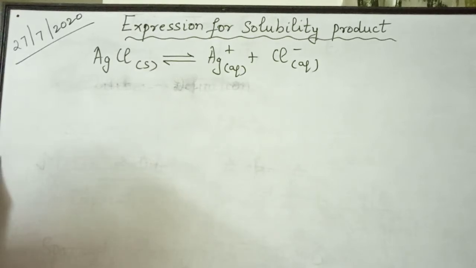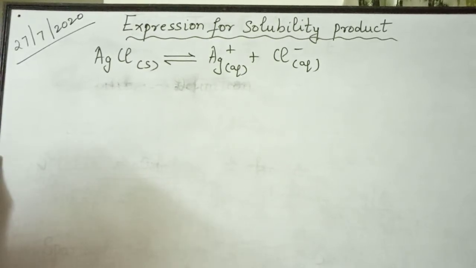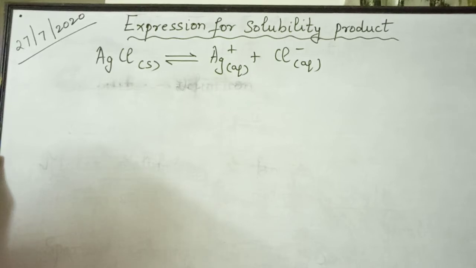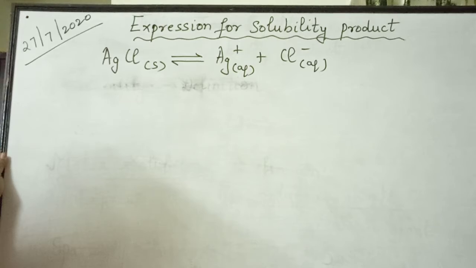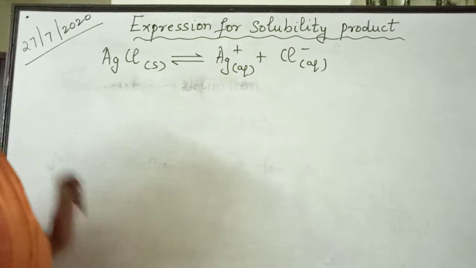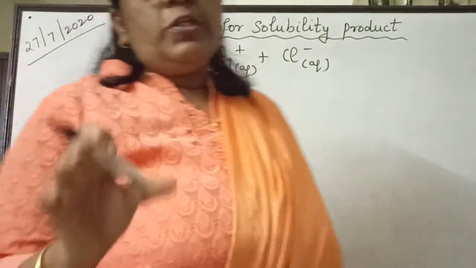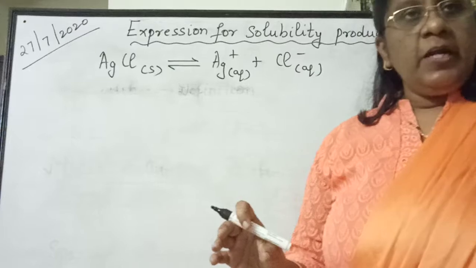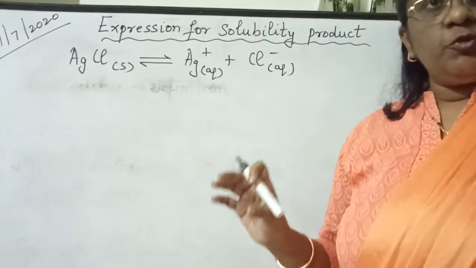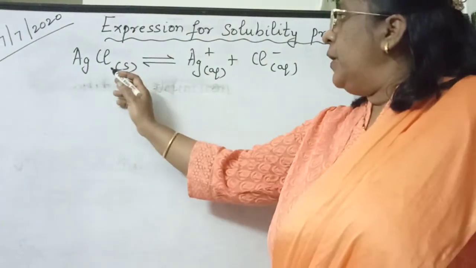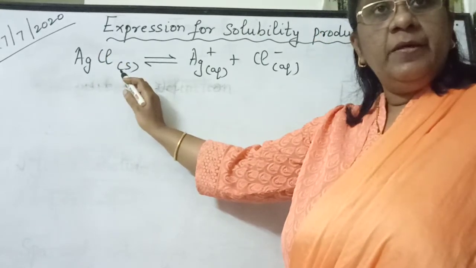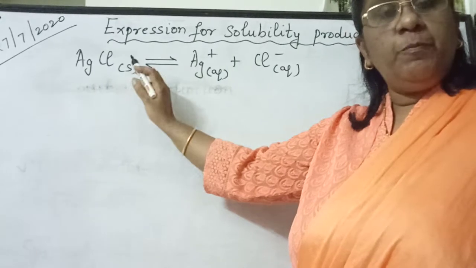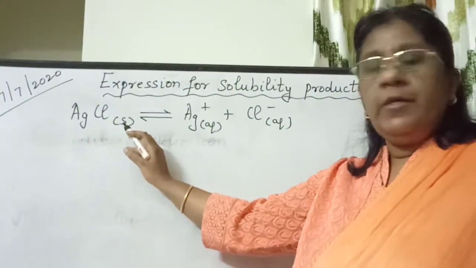That means when we prepare a saturated solution, the maximum amount of solute is dissolved in the minimum quantity of solvent. Now suppose I take the salt AgCl, it is dissolved in a minimum quantity of water to prepare a saturated solution.